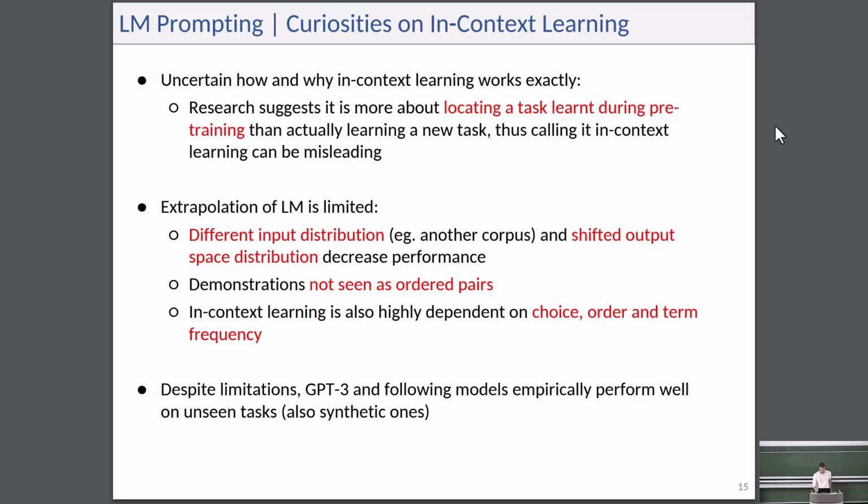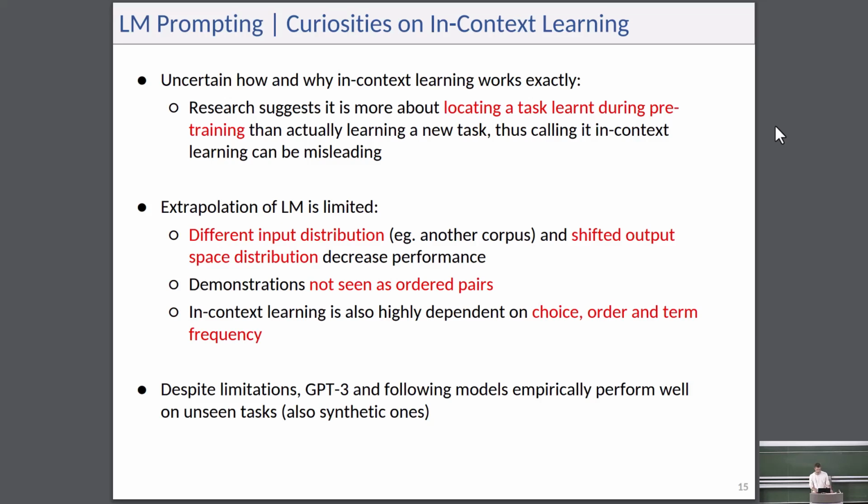Of course, if the distribution seen at pre-training time differs substantially from what's contained in the demonstrations, it's likely that it's not going to work out. That's why models that are able to do few-shot are usually trained on a vast dataset, possibly as diverse as you can.